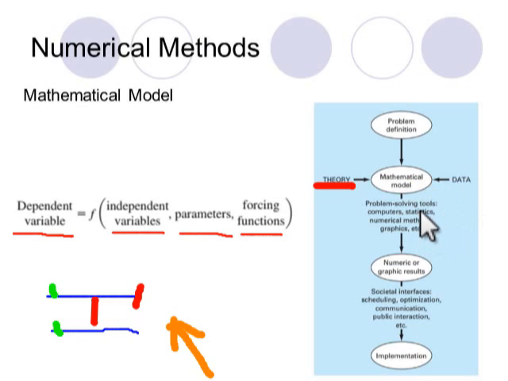Problem solving tools: let's look at them. Computers, statistics, numerical methods, graphics, and so on. You may use different approaches depending on your problem. Generally, many of the problems that we deal with are deterministic problems, and this means that you can directly use computers and numerical methods along with graphics.